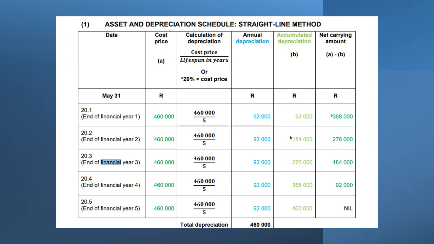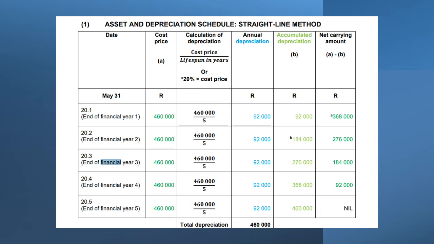Remember, we might give you a question to say, determine the depreciation, accumulated depreciation and the carrying amount for the year ending 20.4. So you will need to know how to get to 20.4 by applying all these principles that I just showed you, calculating each and every year until you get the correct figures for 20.4.